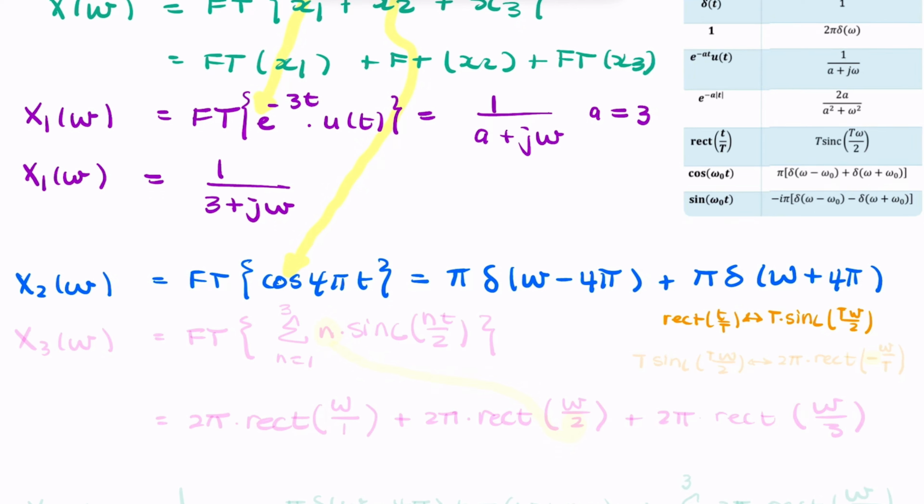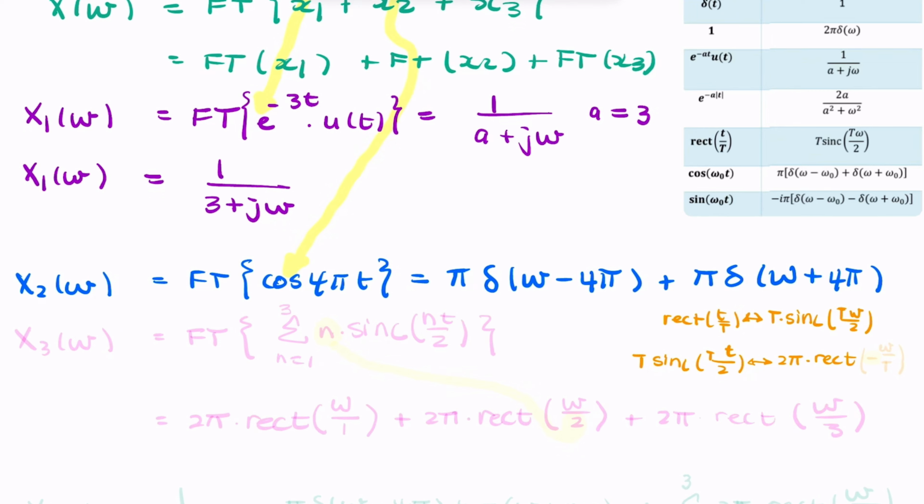So if we wanted to find the Fourier transform of the sinc function, we would need to use the duality or symmetry property of the Fourier transform. So we could say that the Fourier transform of t sinc t omega over 2 would then be 2 pi multiplied by our rectangular function, but this time the independent variable, rather than being t, would be omega.